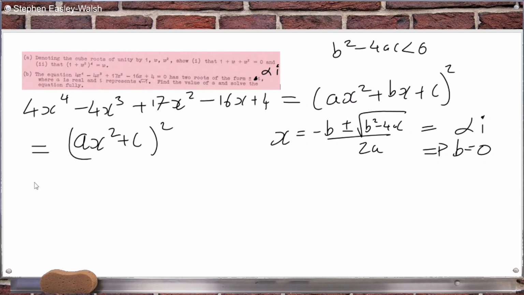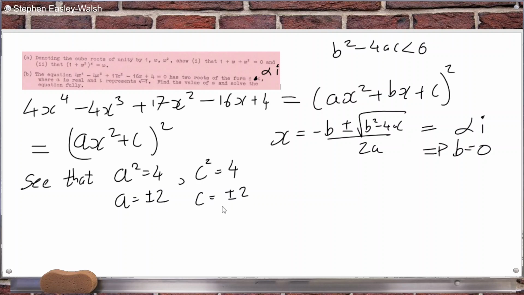We can see that a squared will have to equal 4 and c squared will also have to equal 4. So that means a will equal plus or minus 2 and c will equal plus or minus 2. But we want to make sure that b squared minus 4ac is negative. So b squared minus 4ac will equal 0 minus 4 times plus or minus 2 times plus or minus 2, and that should be negative.